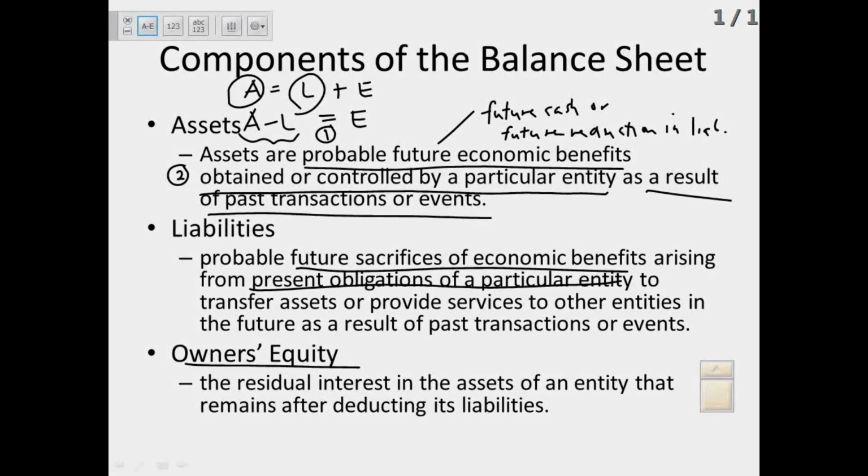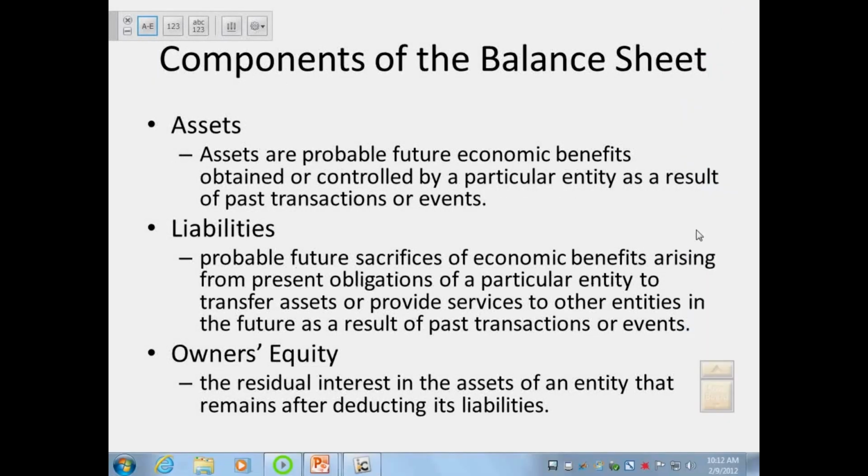It just means that it is this residual interest. So if I account for something as an asset and it's not a liability also, then it belongs in the equity section.